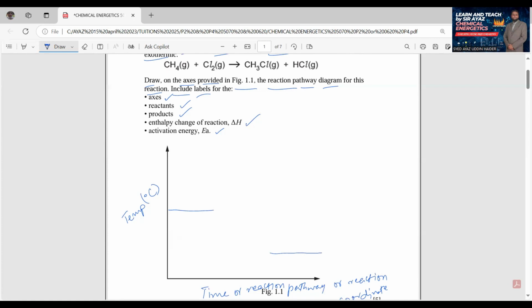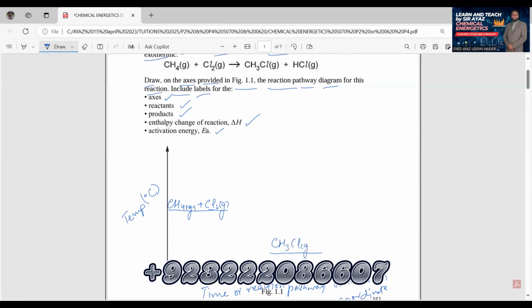Now I am writing the symbol equation for reactants and product. So we have CH4 gas plus Cl2 gas. Product we have CH3Cl gas plus HCl gas.